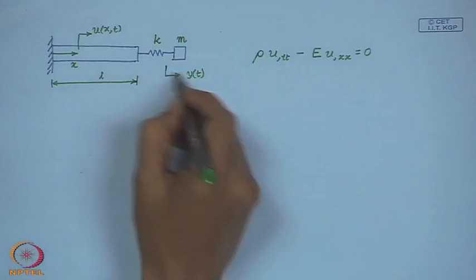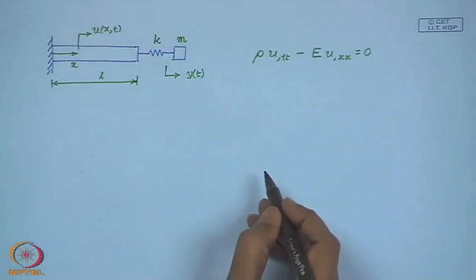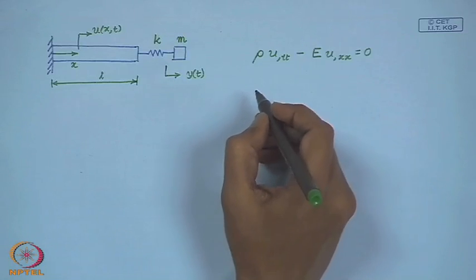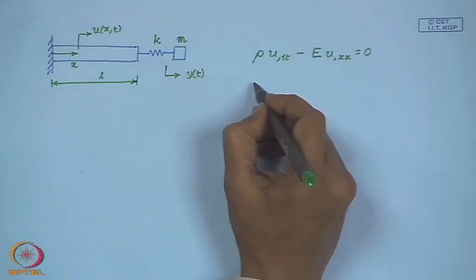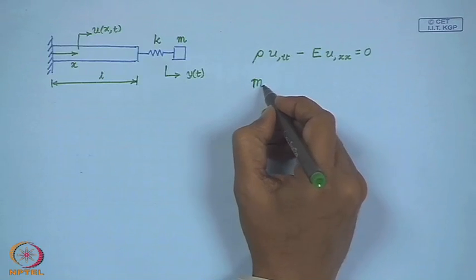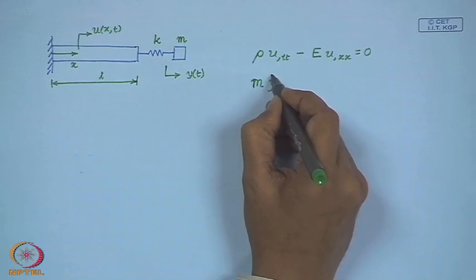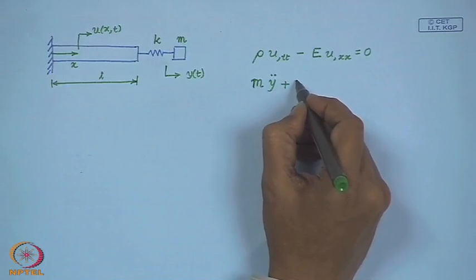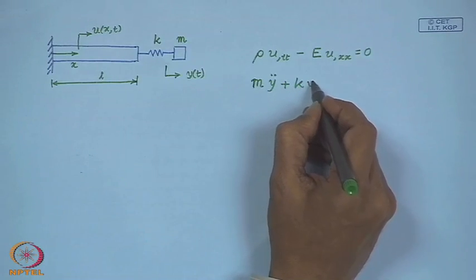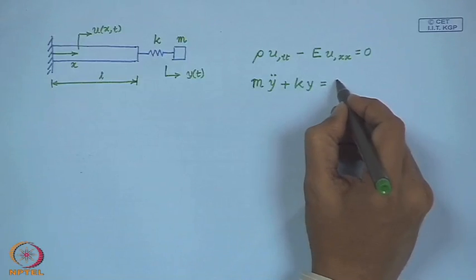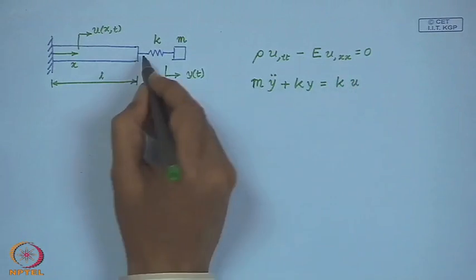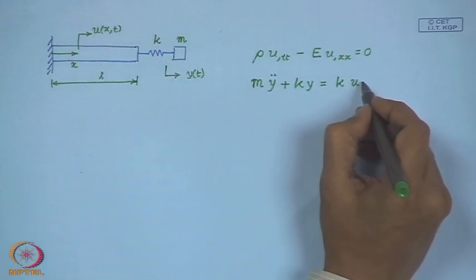Now, for this oscillator which is connected at this end, we can easily write the equation of motion as m y double dot plus k times y is equal to k times the displacement of the bar at this end.